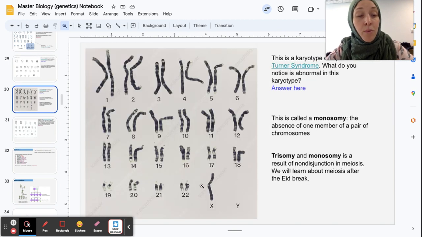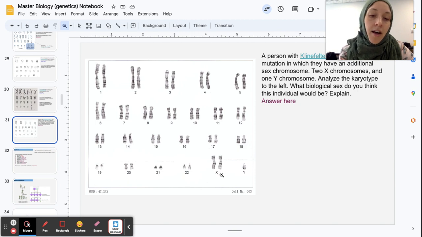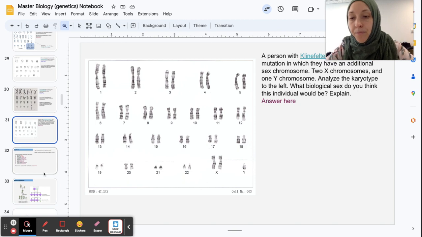One of the gametes was missing a sex chromosome. So it could have been missing an X or a Y. We don't really know, but it was missing a sex chromosome. And in this case, with Klinefelter syndrome, one of the gametes had an extra X chromosome, or an extra sex chromosome in it.